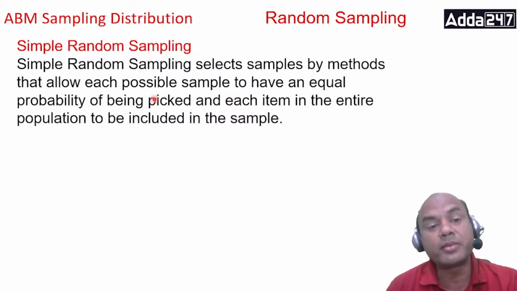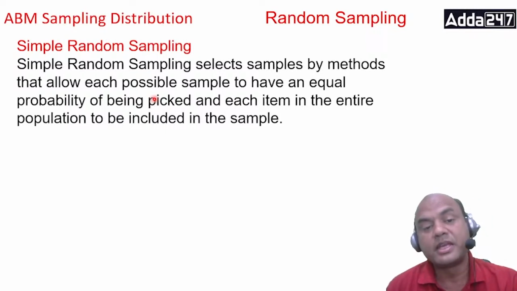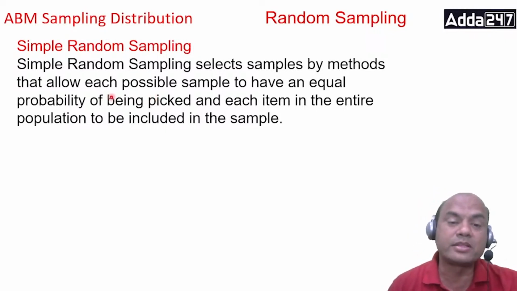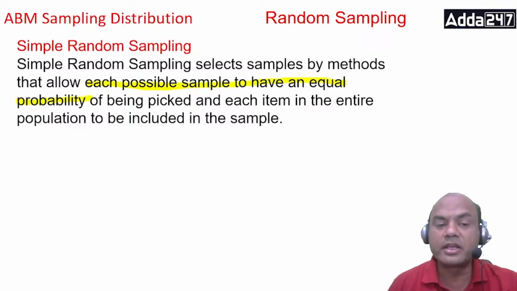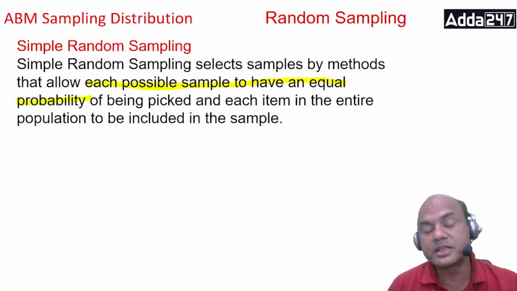That's what is meant by simple random sampling. Each possible sample will have an equal chance. Very important part over here. Each possible sample has an equal probability of being picked, and each item in the entire population can be included in the sample. Correct?